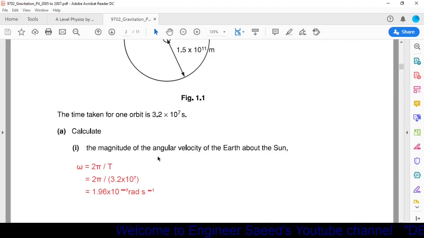Now angular velocity is represented by omega and it is equal to 2 pi over T, where this T is time period. Now time period is given, it is 3.2 into 10 power 7. We will substitute the value and we'll get the answer 1.96 into 10 power minus 7. Unit of angular velocity is radian per second, so our answer is 1.96 into 10 power minus 7 radian per second.